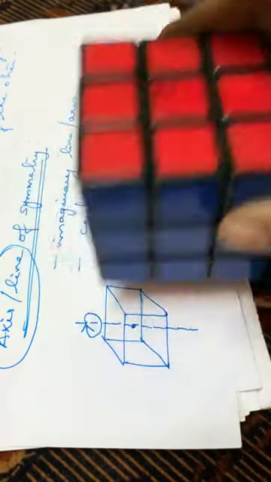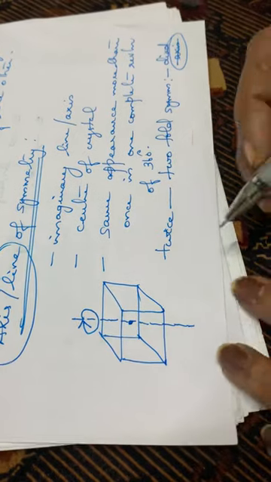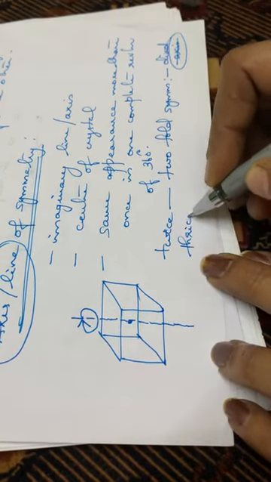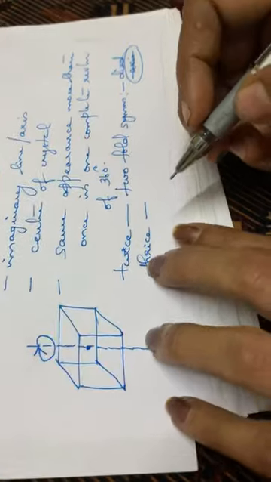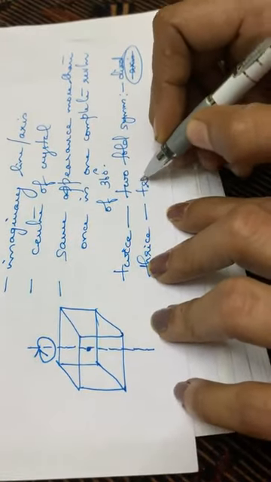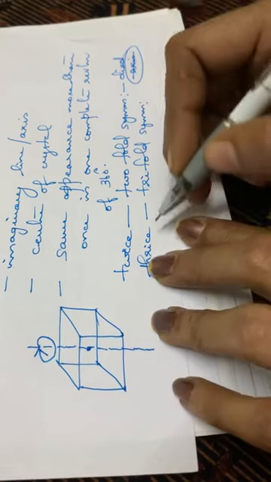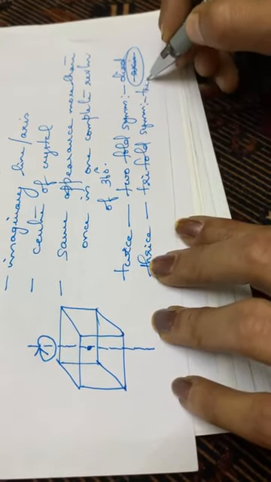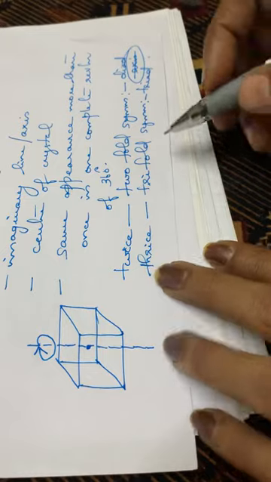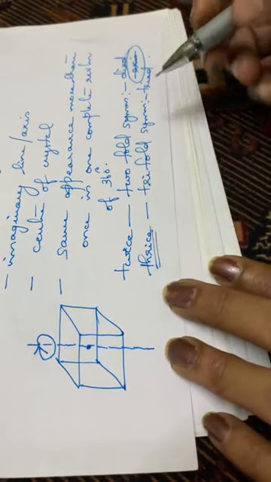Likewise, if a similar appearance we are obtaining thrice, then it will have a threefold symmetry, and it is a triad axis.